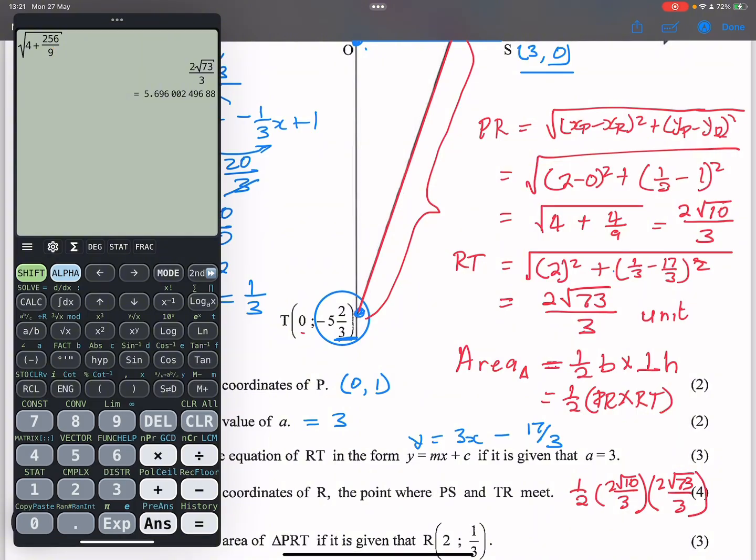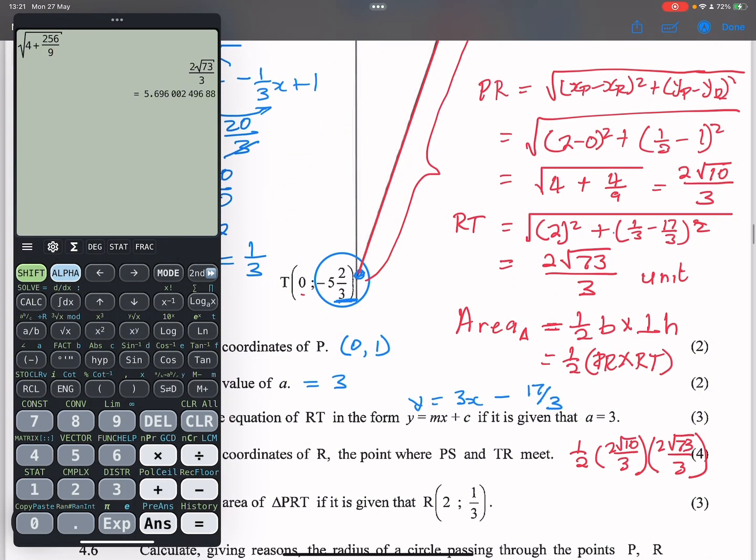Right, so let's find the area of that triangle. So that's 1 over 2 multiplied by, okay, that's 2 square root of 10 over 3 multiplied by 2 square root of 73.